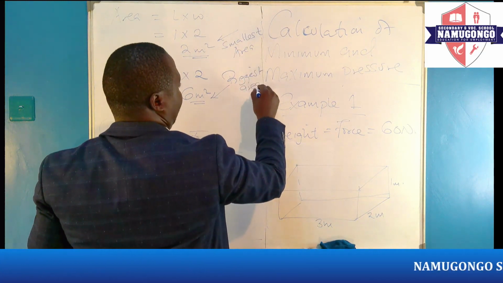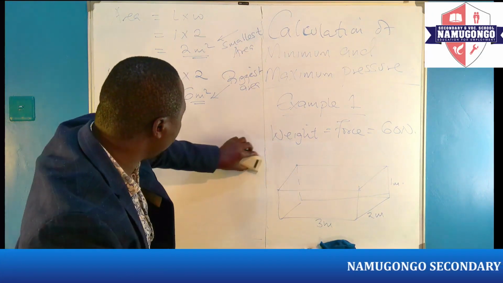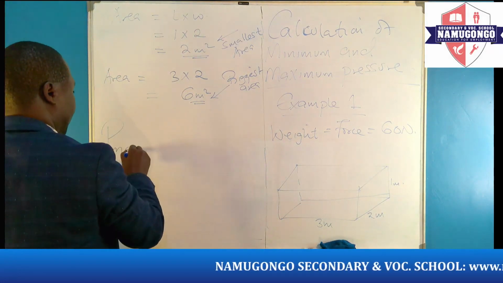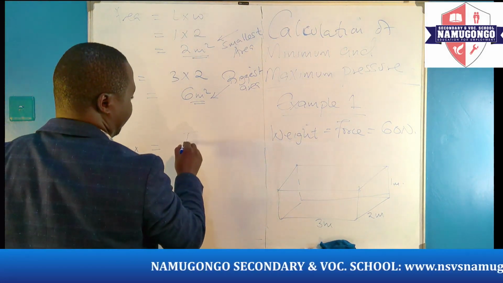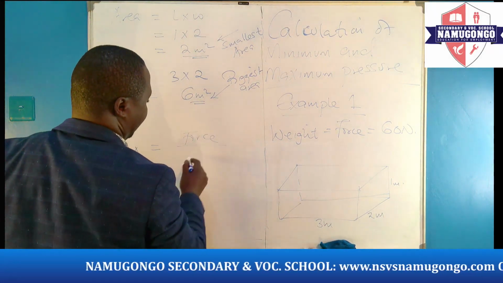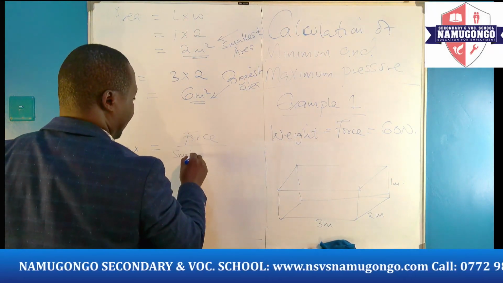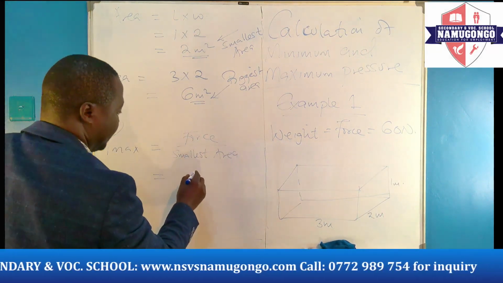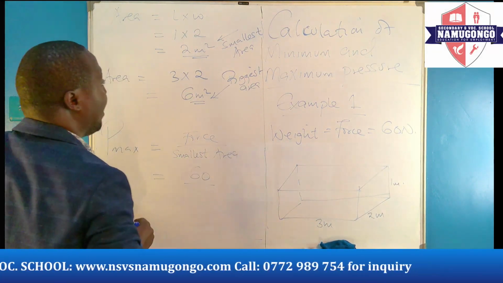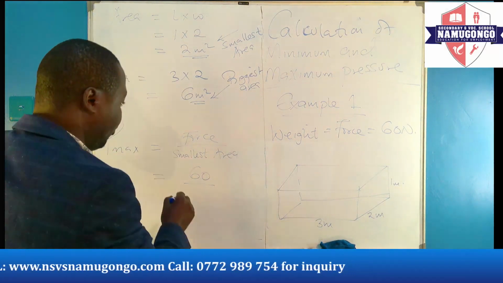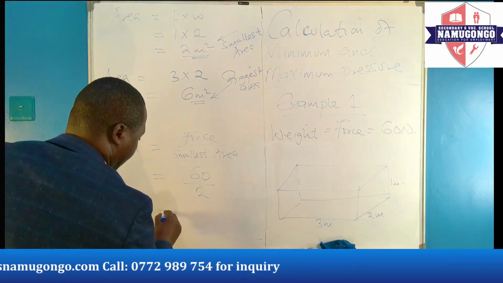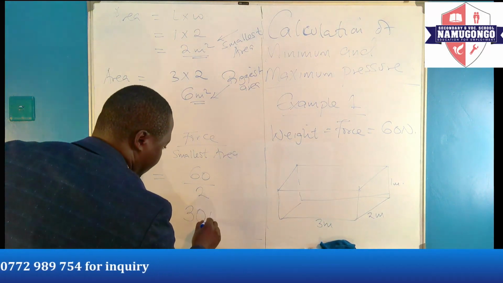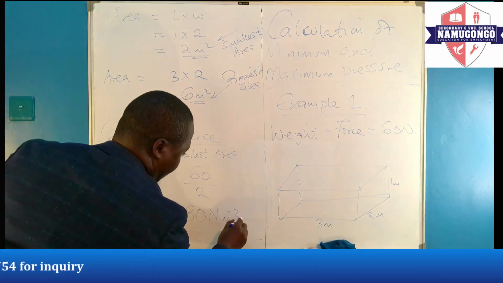So, for us to determine the maximum pressure, Pmax, we get the force and divide it by the smallest area. So the force is 60 and our smallest area here is 2 square meters. The answer you're seeing here is 30 newtons per square meter.